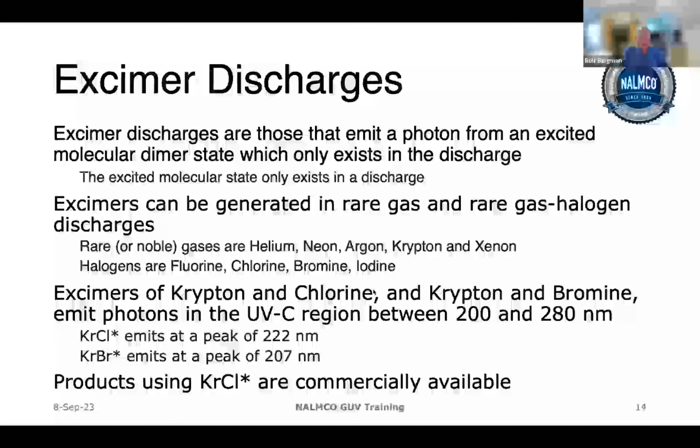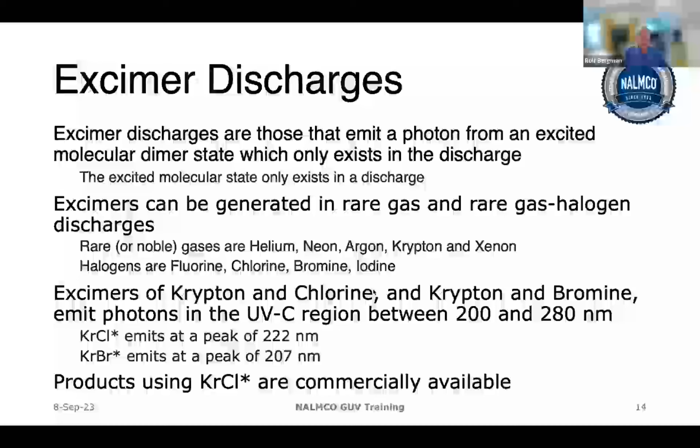Much smaller amounts of the halogens are added, but then the atomic elements actually combine, so we get xenon chloride, for example, or krypton bromide. If we mix these gases, we get emission, and because the dimer holding energy is different, when they emit a photon by dissociating, that photon is at a different wavelength in the spectrum. It has different energy.